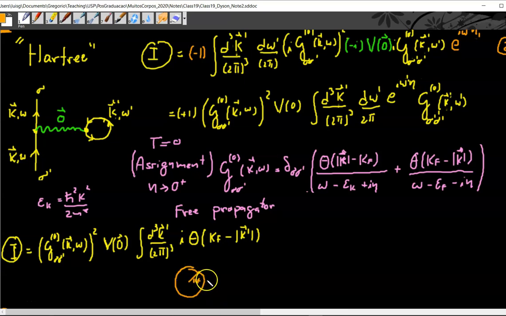Okay. So what's the volume of this sphere? Well, we know what the volume of this is, right?